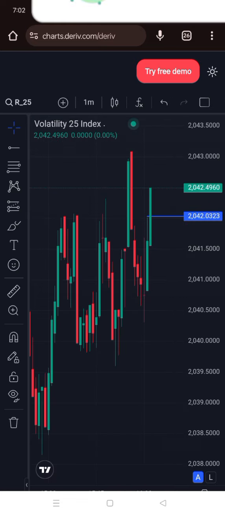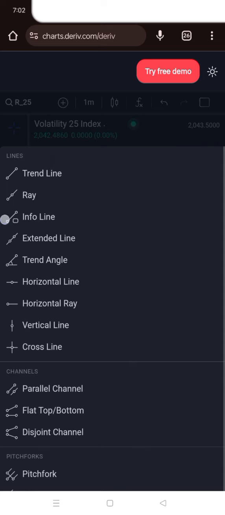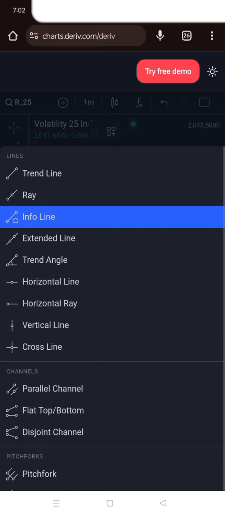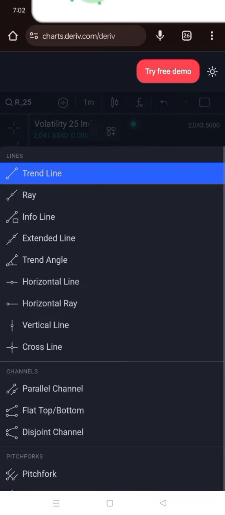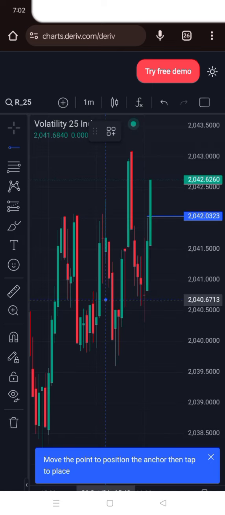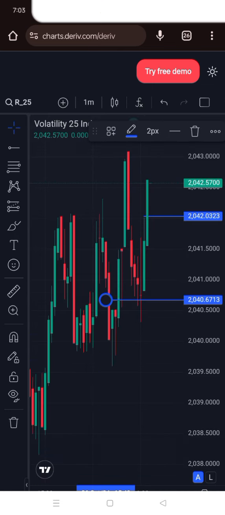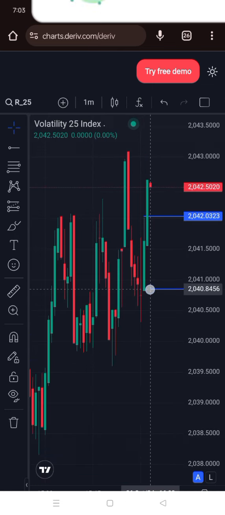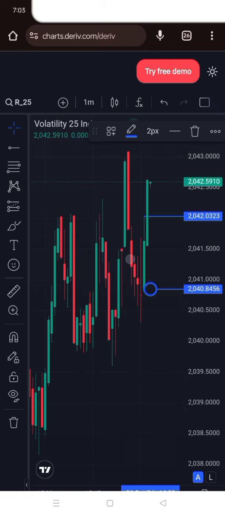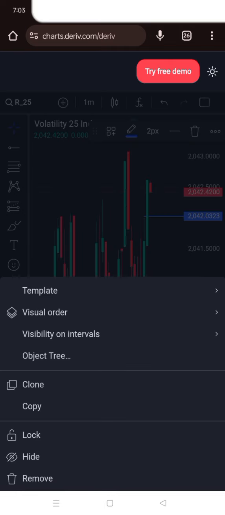So you need to know when to trade a rising trend or a downtrend. With that, I'll mark the second point that is very crucial, that is the area which is the lower point.